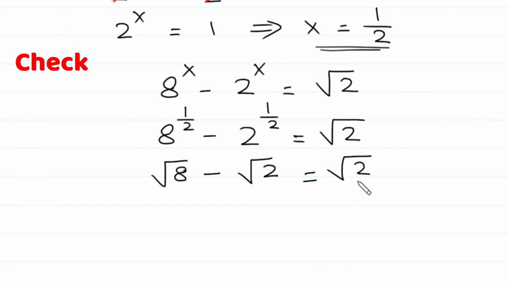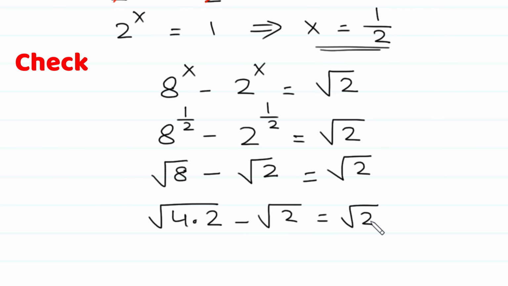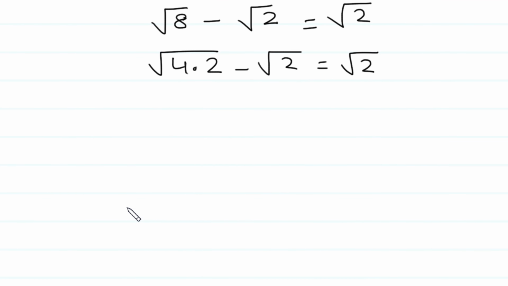Next, this square root of 8 can be written as square root of 4 times 2 minus square root of 2 is equal to square root of 2. Next, square root of 4 is 2 and this 2 remains under square root. Square root of 2 minus square root of 2 is equal to square root of 2.